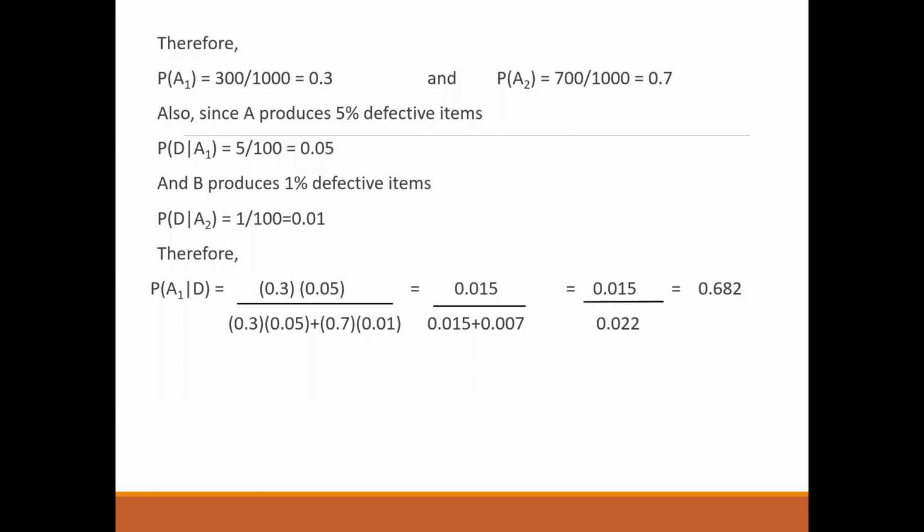Simply you can write P(A2|D) is equal to 1 minus 0.682. That will give me 0.318. It is that simple. And if you want to do the calculation, you can put the values in the formula, do the division and multiplication, and you'll get the same answer, 0.318.